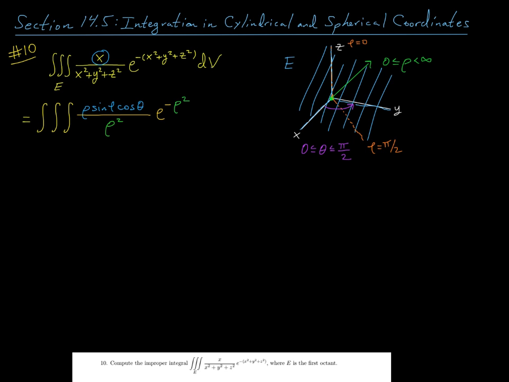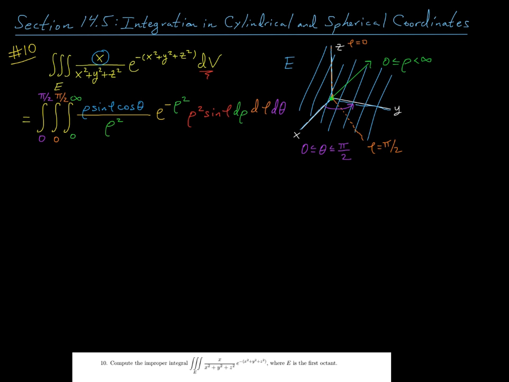And now for our differential volume element, we're going to have rho squared sine phi, and then I'll go ahead and put in our bounds for rho, that's 0 to infinity, for phi here, that's 0 to pi over 2, and then finally for theta, that's from 0 to pi over 2 as well.